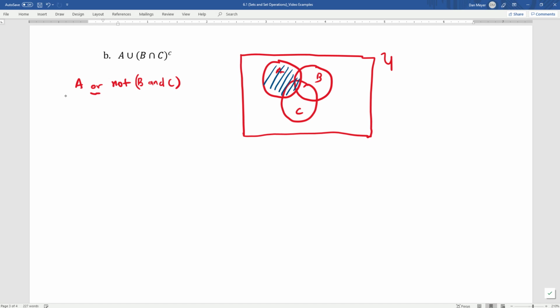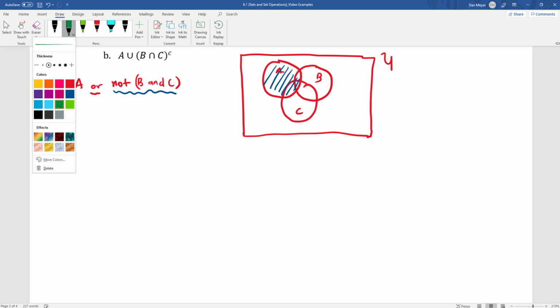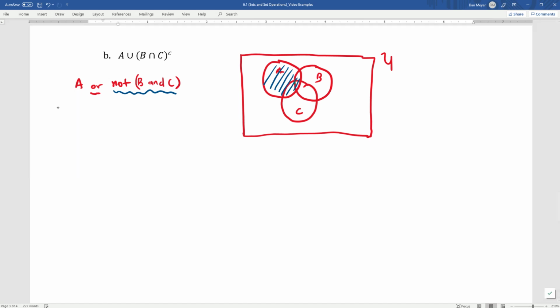Now, to deal with the second part, I want not B and C. B and C itself, getting all kinds of crazy with the colors, would be inside the green football, right? B and C, all the elements that are in both, would be inside the green football.